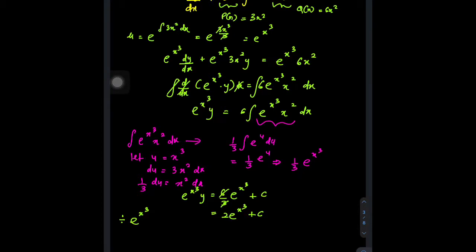On the left hand side you will get y. On the right hand side you will get 2 plus c over e to the power of x cubed. And then you can just write your final answer. y is equal to 2 plus c e to the power of negative x cubed. So this is your final answer.